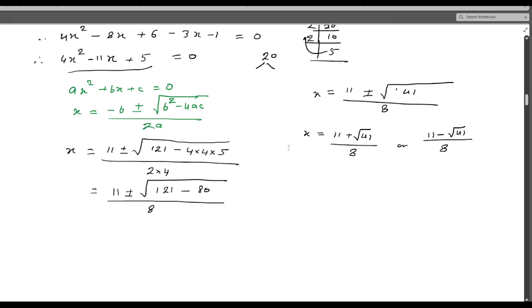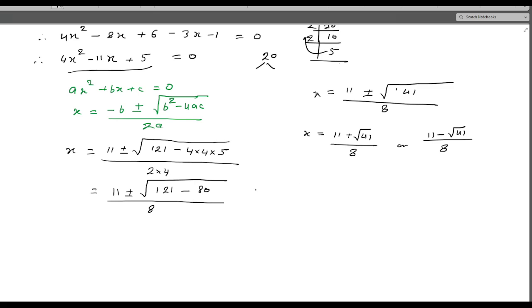Fine. So everything looks correct. So x is 11 plus root 41 divided by 8. Let us find out its decimal expansion. So 11 plus square root of 41, the whole divided by 8.